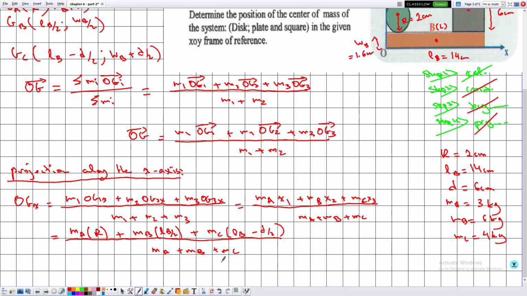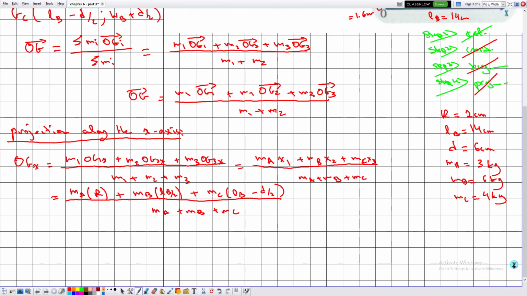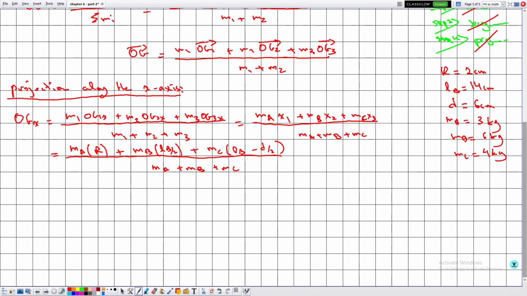Now we need to replace these values in the following expression. Notice that I didn't convert the distances into meters. If they are kept in centimeters, then the unit of OGx will be in centimeters. So let's keep them in centimeters.